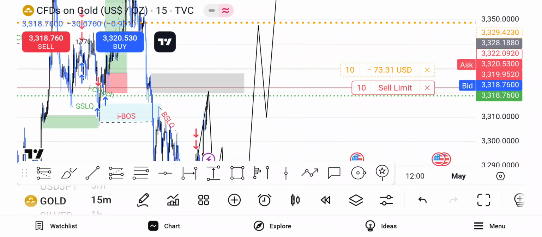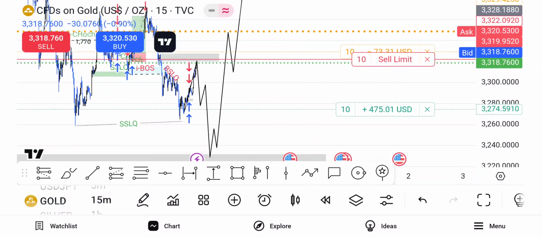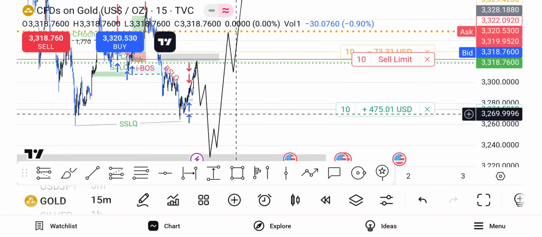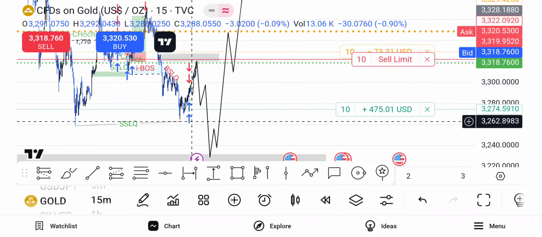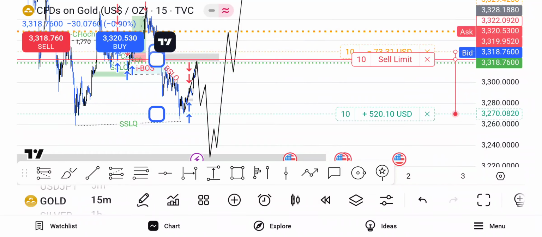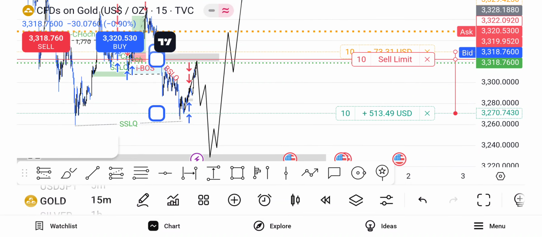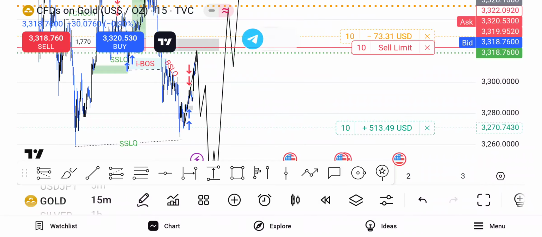So you can see that the trade I'm taking is a pretty good trade, because I'm hoping to target the liquidity rested below here. And just out of caution, for safety reasons, I'm placing my stop loss just above that liquidity. So you can see I got a good trade possibility.